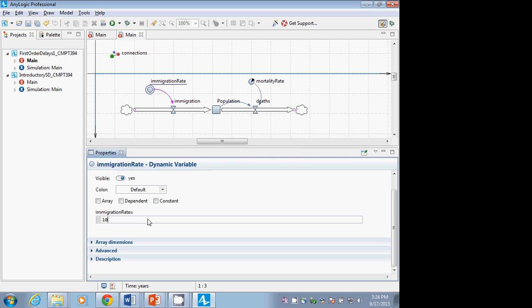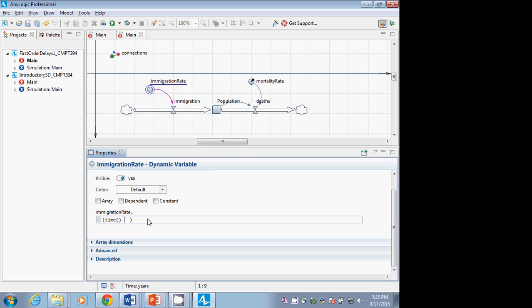We will go set a formula. So immigration rate. Now, all those daughters and sons of Java who have struggled through many courses with Java as the standard, I'm going to put in a formula here. I want to put in a formula which will give the immigration rate as a function of time.